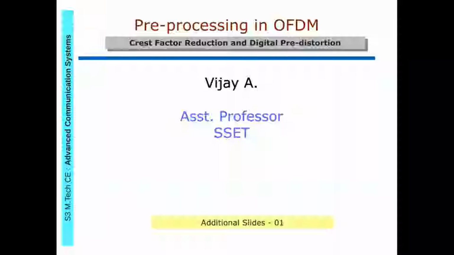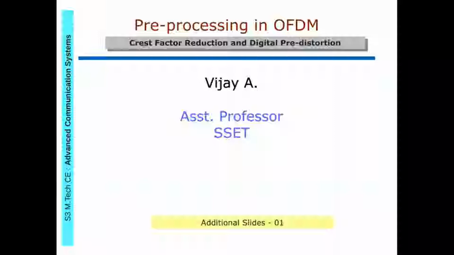So the topic that we are going to do today is on the pre-processing block of the OFDM, or the orthogonal frequency division multiplexing. So we'll be dealing with two techniques, one which is known as the crest factor reduction, or commonly called the PAPR reduction, and the second one which is called the digital predistortion.